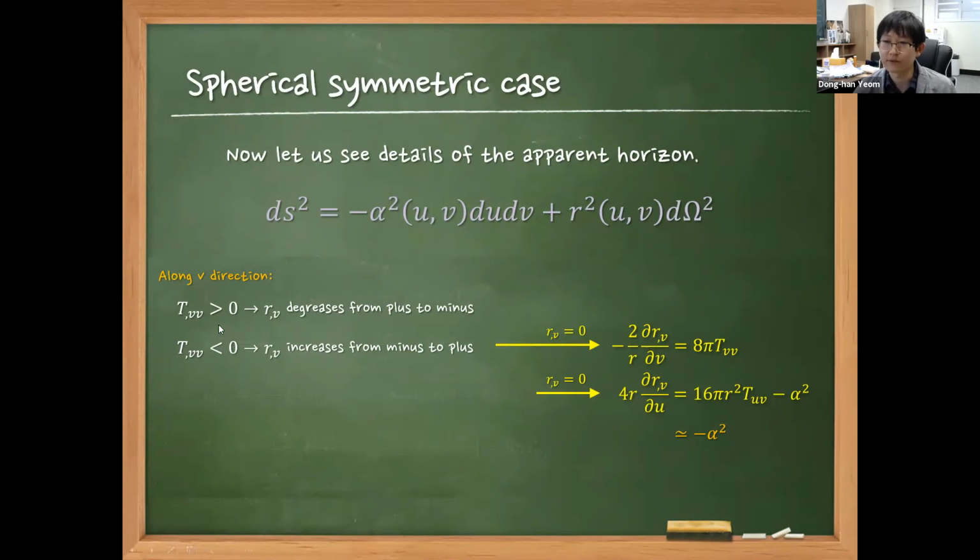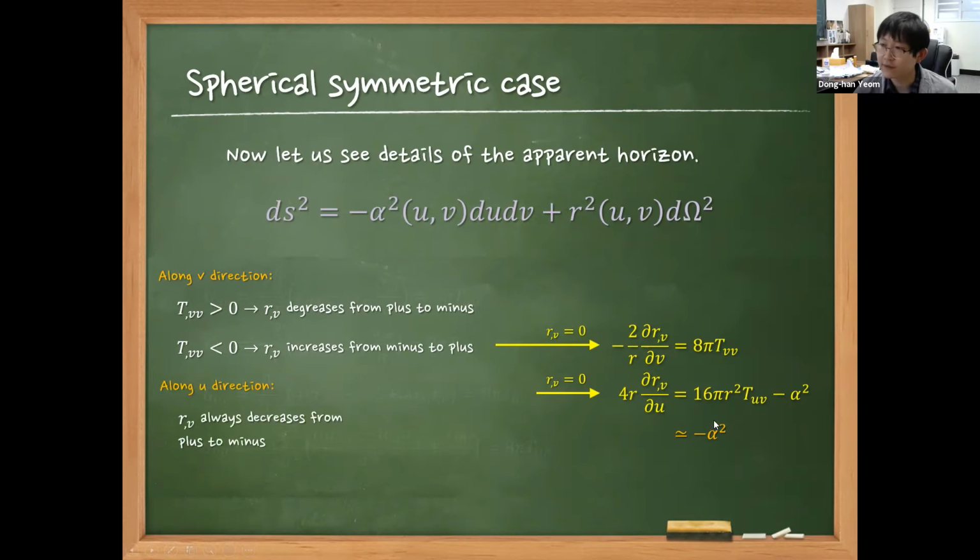So whether the horizon is trapped or anti-trapped is related to the energy momentum tensor at the horizon, and whether its sign is positive or negative. This is a very important signature. And you may ask whether the horizon is space-like or time-like, but it comes from this second equation.